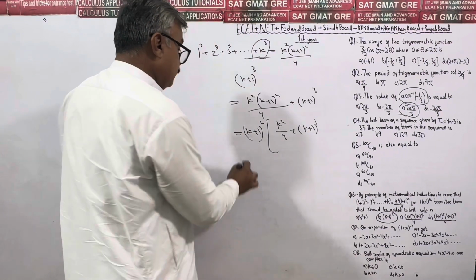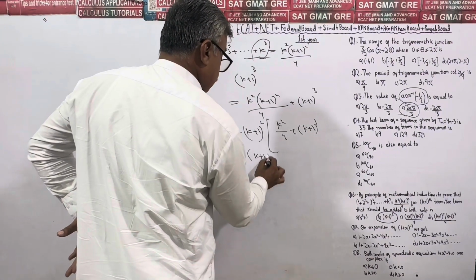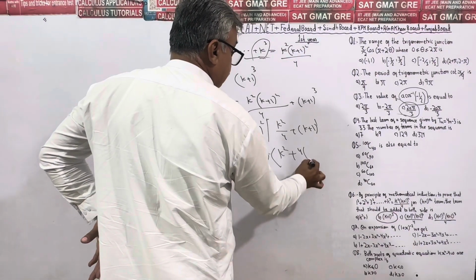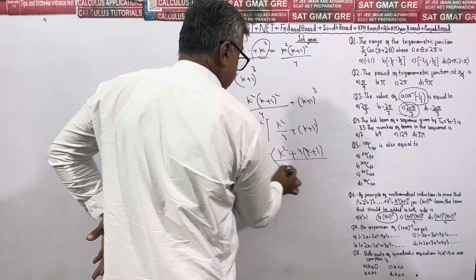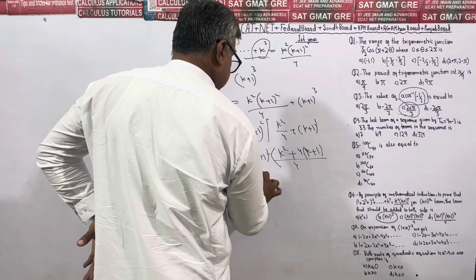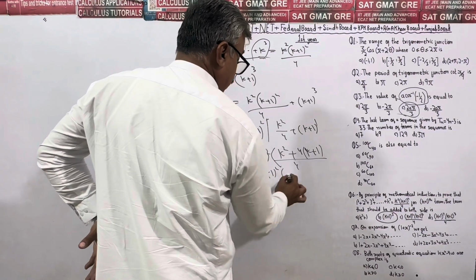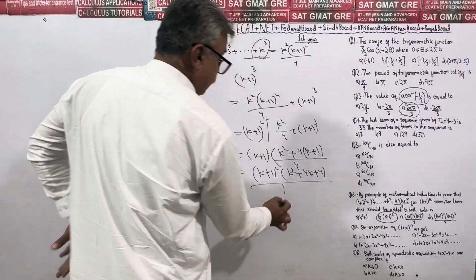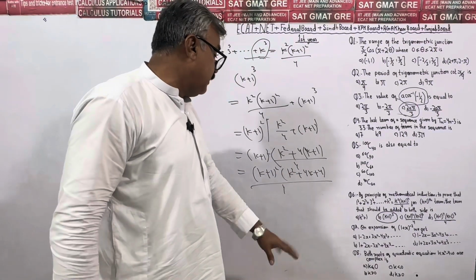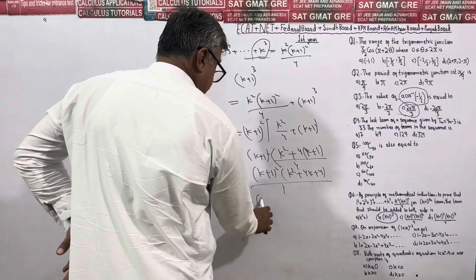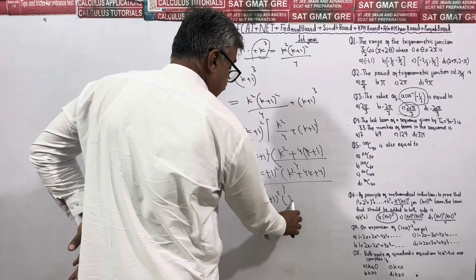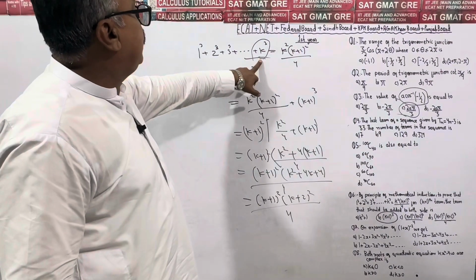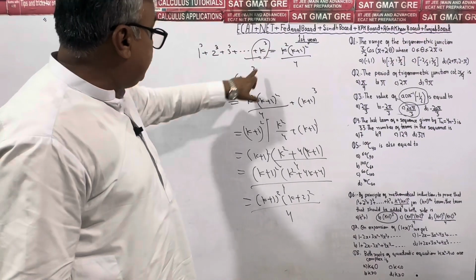Taking LCM, (k plus 1) whole square times (k square plus 4k plus 4) over 4. It is the perfect square (k plus 2) whole square. We arrive at (k plus 1) whole square times (k plus 2) whole square over 4. Look at the left hand side: in the last term we have replaced k by k plus 1.